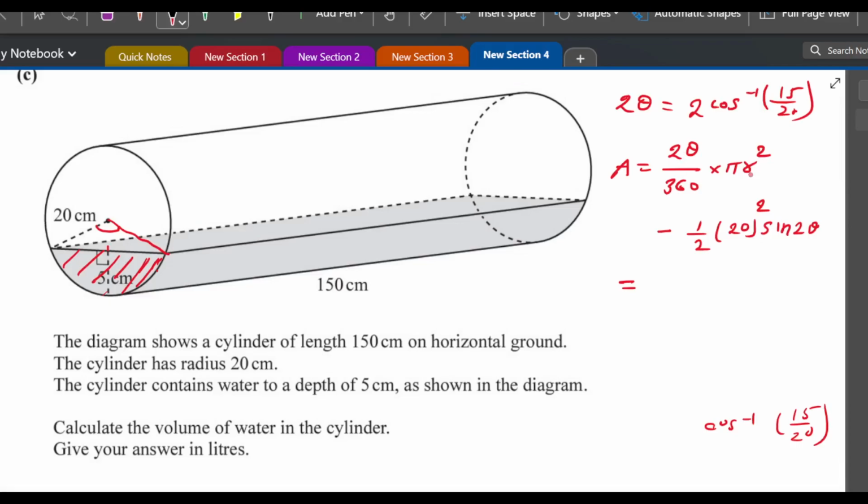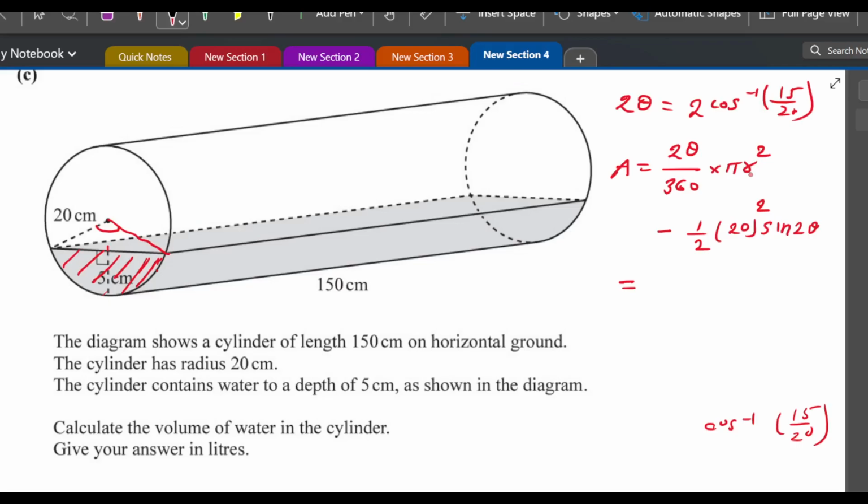I will simply say that it's 2 times cos inverse 15 divided by 20, this divided by 360 multiplied by pi r square, r is 20 square, minus 0.5 times 20 square times sine of 2 theta.